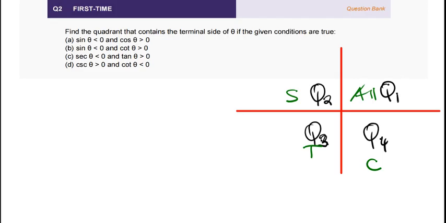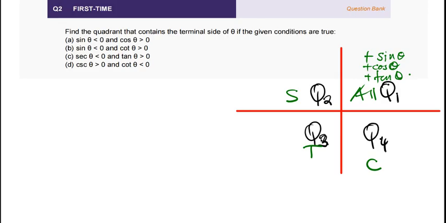If we look at it carefully, this A means that in the first quadrant, all trig ratios are positive. So sine theta is positive, cos theta is positive, tan theta is also positive. I'm just talking about sine, cos, tan.